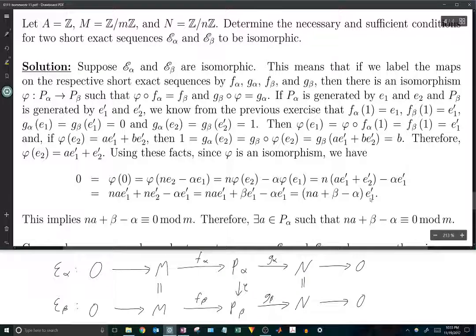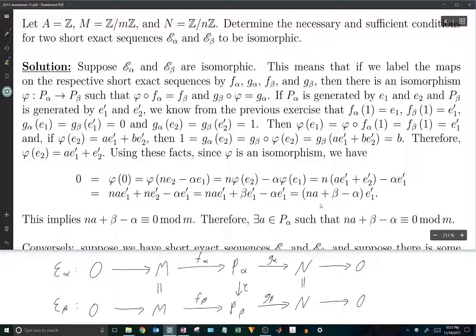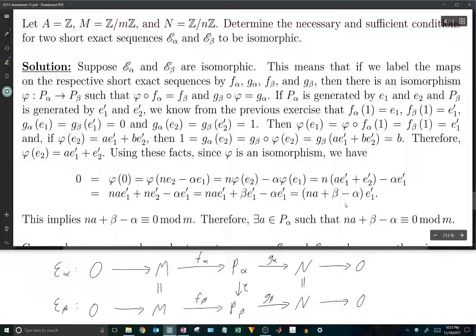What we're really using here is that m times E1 prime equals 0 in P beta. So we're not even worrying about, oh, multiply two things together, get 0, that means that this thing is 0. That's not what we're using. What we're using is the fact that E1 prime times m equals 0.